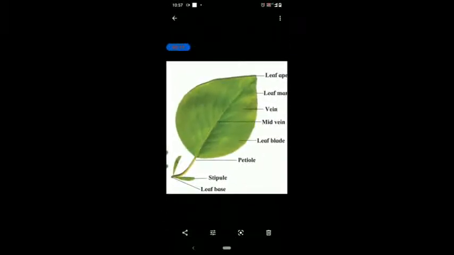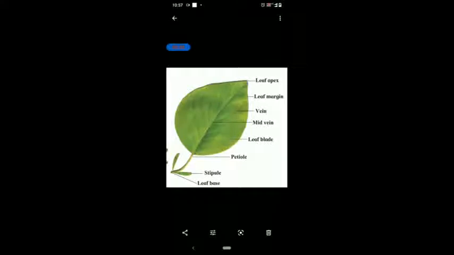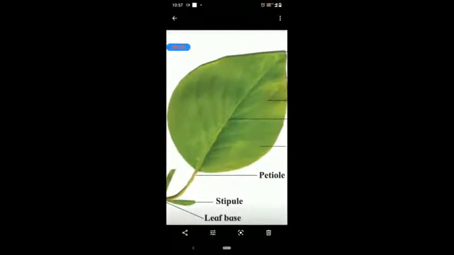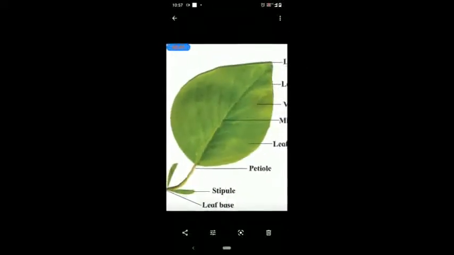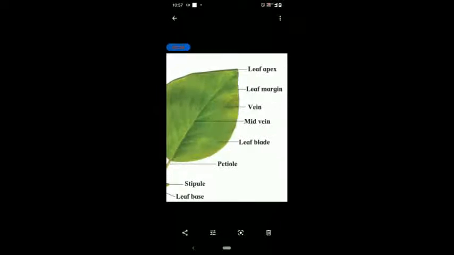Now we will see the other parts of the leaf. Leaf margins may be entire, dented or lobed. What is meant by that, I will show you while showing the parts of the leaf. Now the edge of the leaf, the outer border you can consider, is known as the leaf margin.